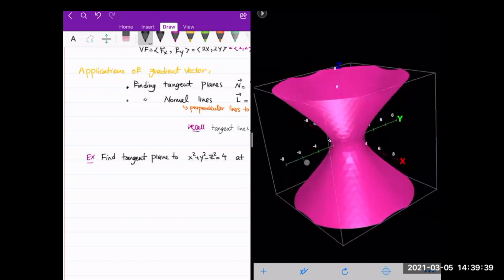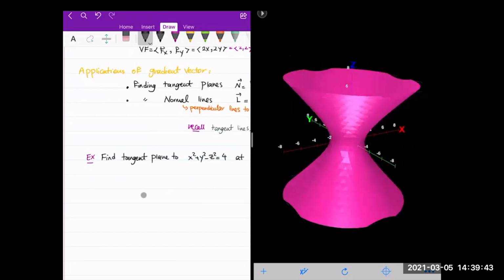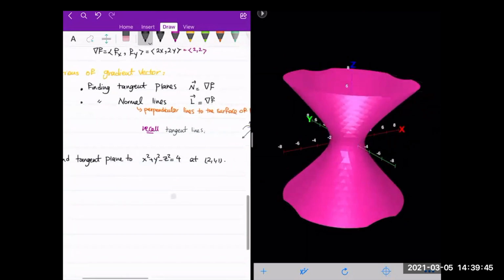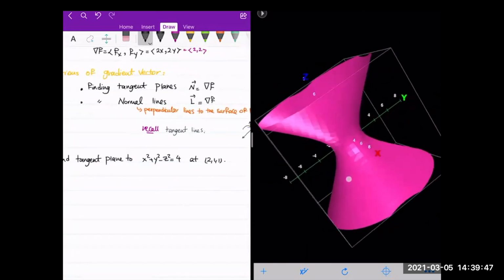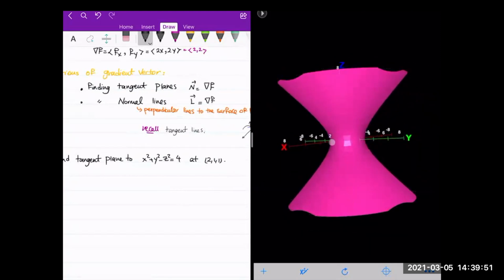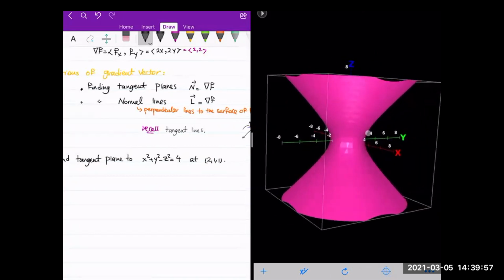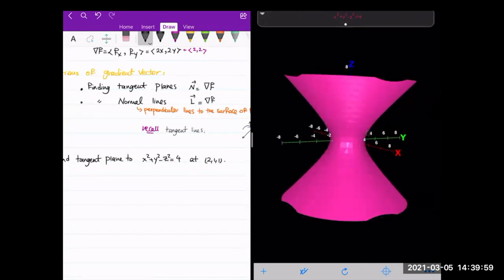Now that you have a z squared, it looks like this. Now at the point 2, 1, 1, some point around in here, we want to find the tangent plane. That's the equation.